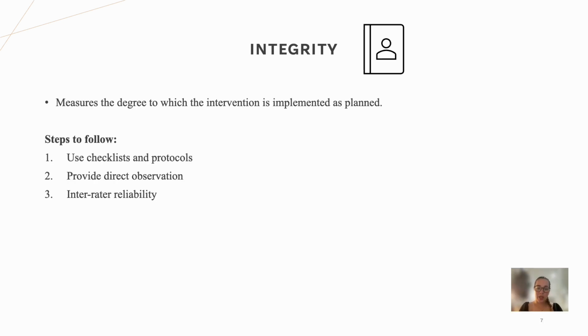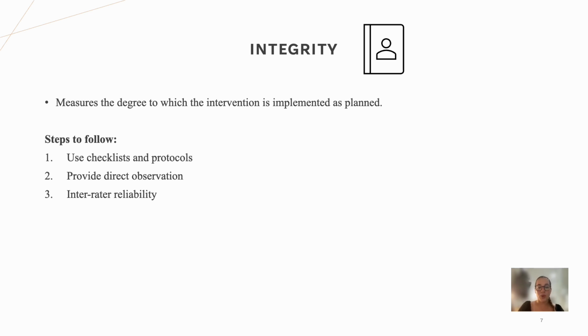Okay, when measuring integrity in future situations, I would first use checklists and protocols. I would do this to ensure that each component of the intervention is delivered correctly. I would do direct observation, direct sessions that include observations to ensure that the intervention is being implemented as designed.